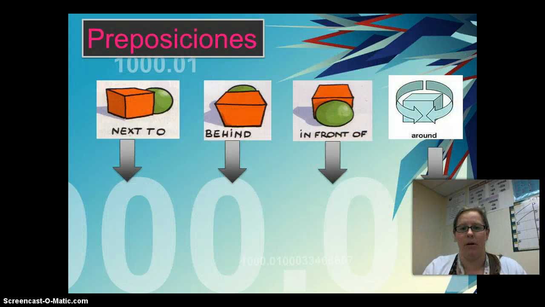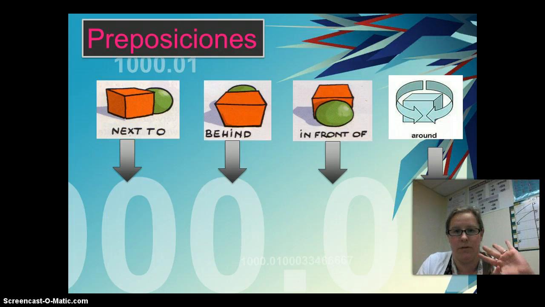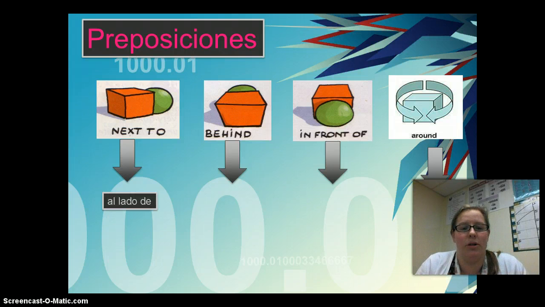So in your grammar study guide, you know that there are 4 prepositions for this chapter. And what do they all mean? So if we want to say next to, we would say al lado de. Al lado de. Behind is detrás de. Detrás de.